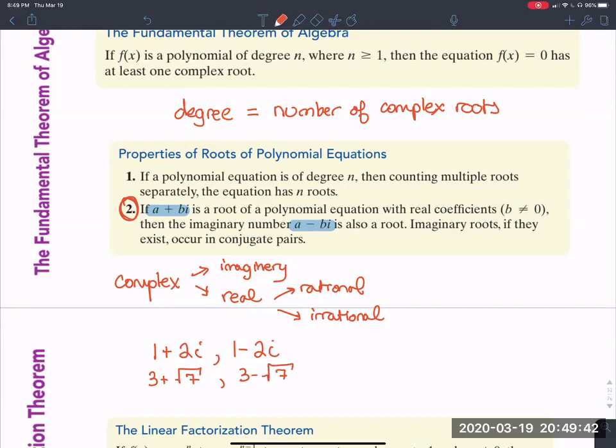This comes directly from the result of the quadratic formula. Now, if you have rational solutions, like fractions or whole numbers, then that's not the case. Its conjugate may or may not be a solution. But if your solutions are imaginary or irrational in nature, then those conjugates must also be a solution.